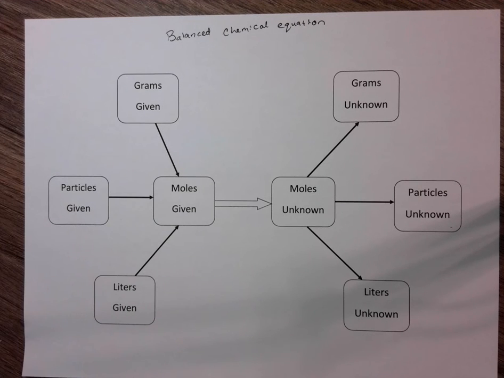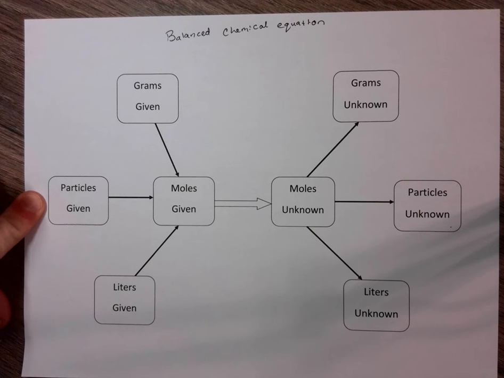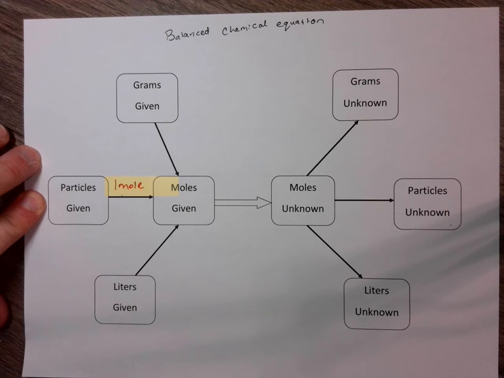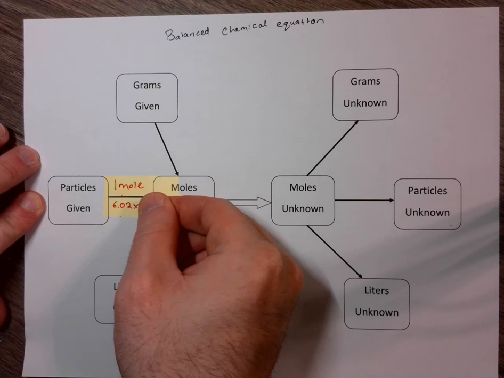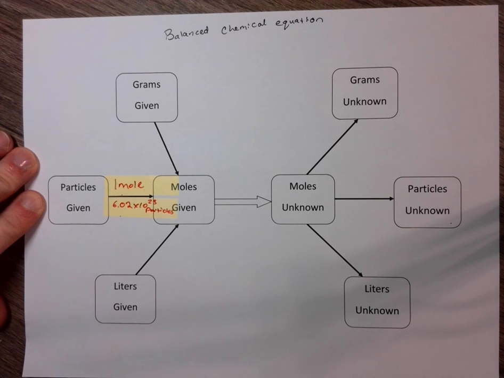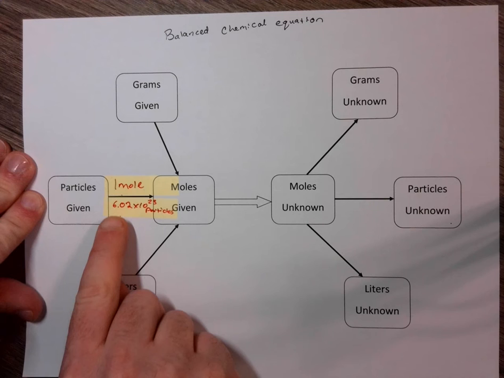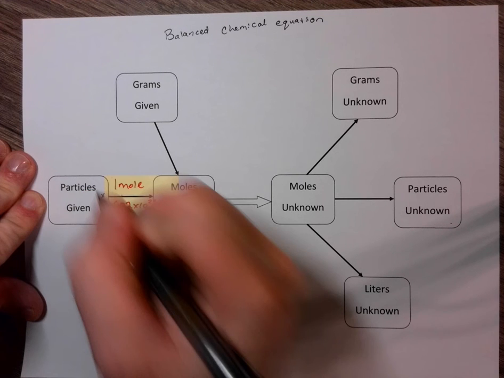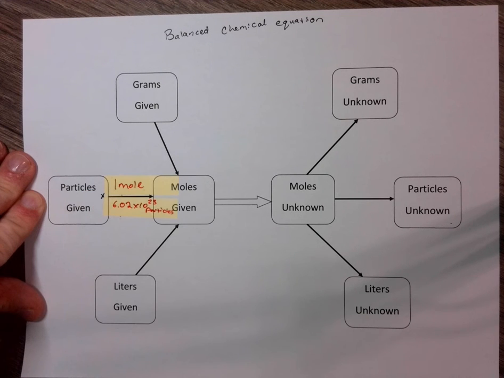The first multiplication, going from particles given, is to multiply by 1 mole divided by Avogadro's number. I'm using this little arrow as my division in that fraction. So I'm essentially just multiplying by a fraction from whatever I'm given. That gets me into the moles of my given.